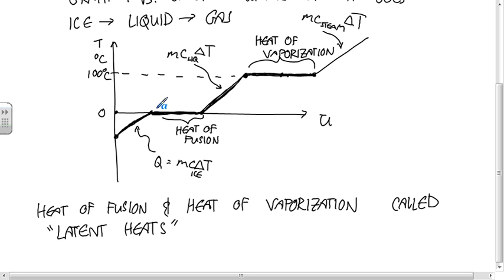this graph holds whether you're adding or removing energy from a material. So if you started with a material in this state, this is called a superheated vapor. Then if you removed energy, its temperature would decrease until it became all steam at 100 degrees Celsius.